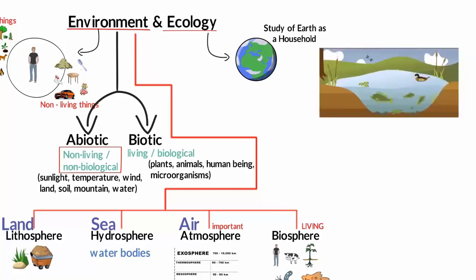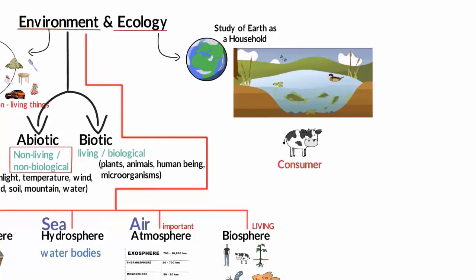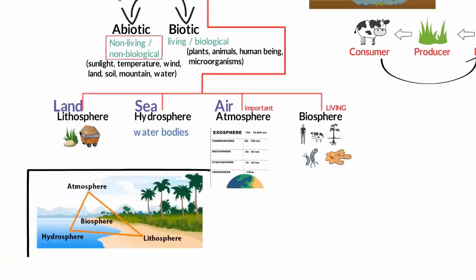So basically what it means is that there is an interaction of all the organisms of a particular place. And within that interaction, there is a pattern and a relationship. Now, what are those patterns and relationship? It involves a lot of scientific studies to understand this pattern and relationship between organisms. And this is what the ecologists do. They primarily study the relationship between living organisms and their environment.